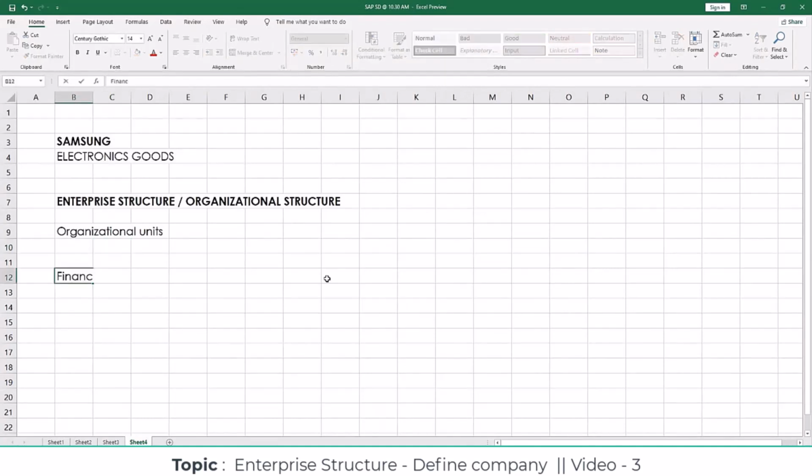In real time, you will not be given any access to work with financial accounting, but here I'm working on it because we don't have an FI consultant to do the necessary configuration. We have an SD integration going on with the finance department, so for that we need to do some configuration on the financial accounting. Now, how to start doing it?